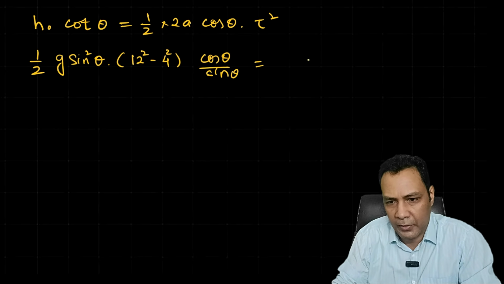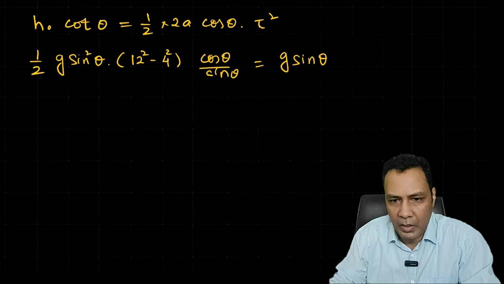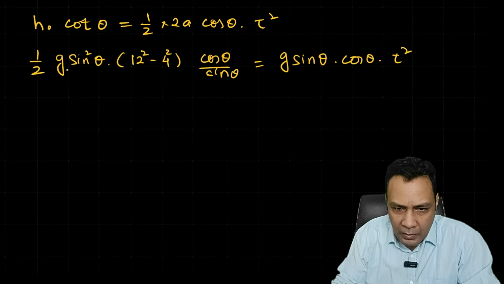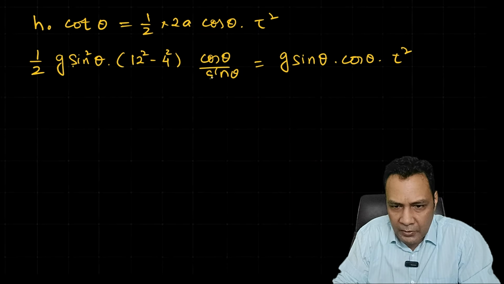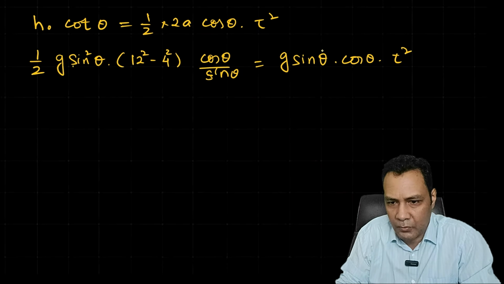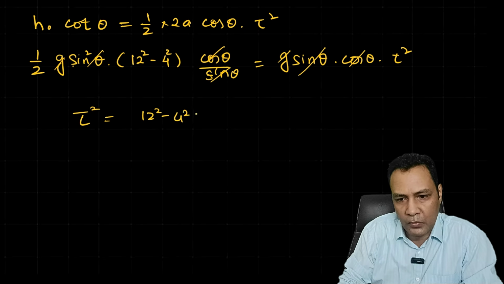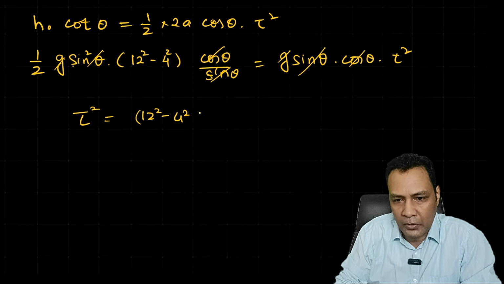This 2 and 2 will get cancelled, and a was g sine theta, and then there is a cos theta and tau square. You see, this sine square theta by sine theta is just sine theta, and cos theta, all this will get cancelled, g will get cancelled. So tau square would be simply 12 square minus 4 square by 2.